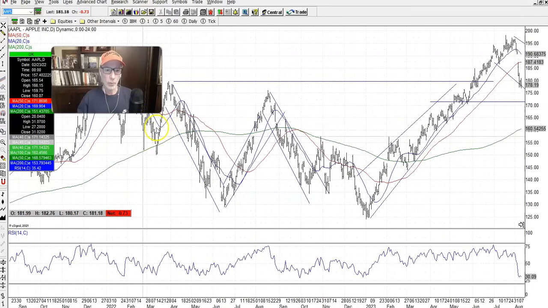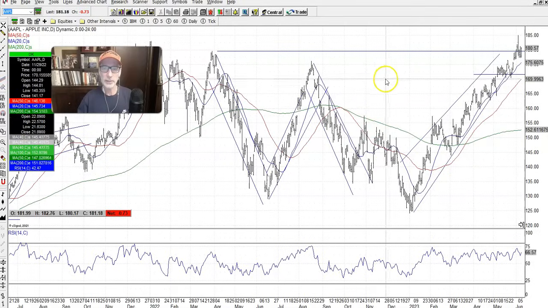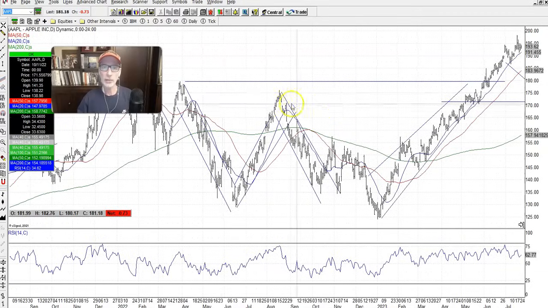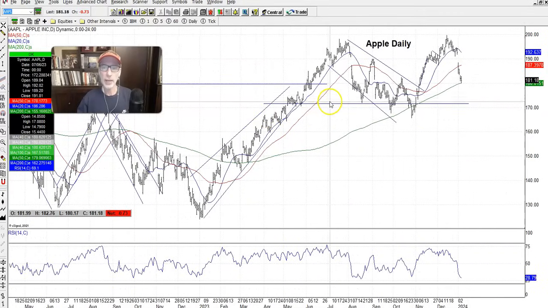Most of 2022 was in this big range here. The resistance was right around $180 a share for a very long period of time. Finally broke through that in the summer of '23, came back down a little bit more, got some support here, and then it blasted up again.